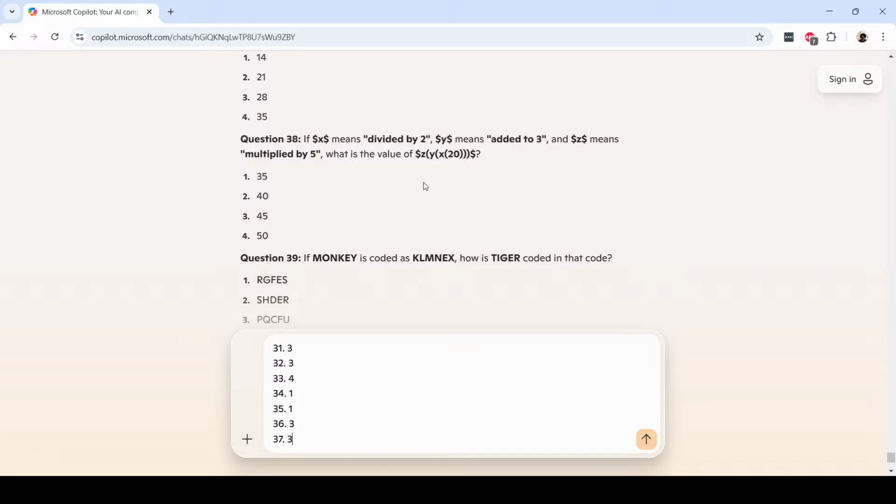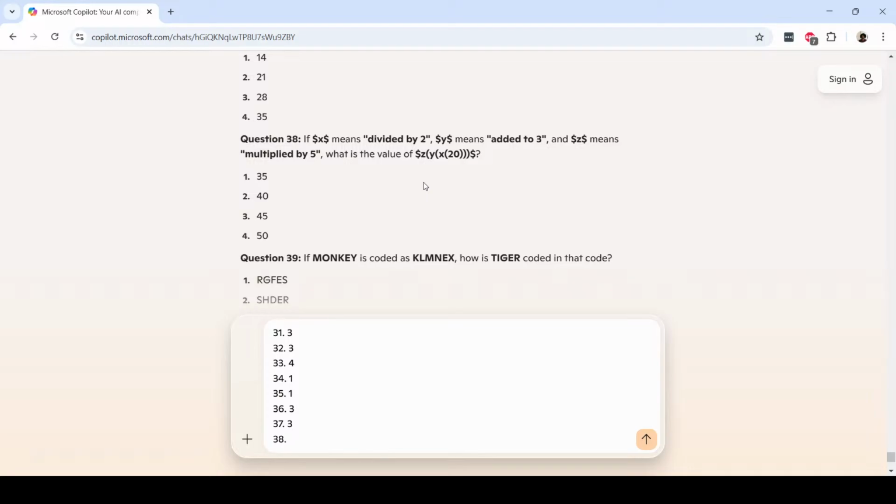I'm not getting the answer for 38. If you get it, then let me know, because for 38 my answer is 65, but 65 is not an option. So if we do this as reverse engineering, let's try.